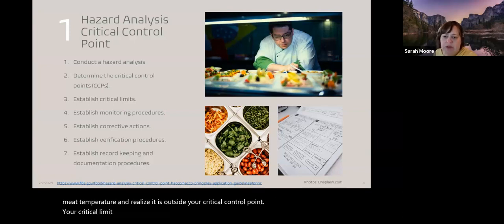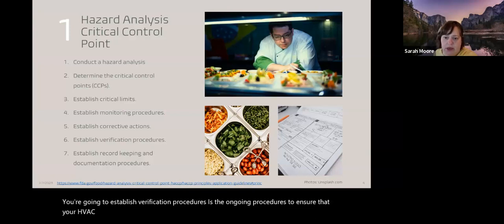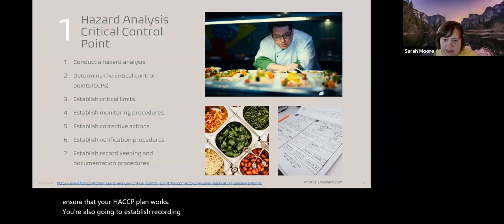You're going to establish verification procedures. These are the ongoing procedures to ensure that your HACCP plan works. You're also going to establish recording procedures. This is the summary of the hazard analysis and your plan.